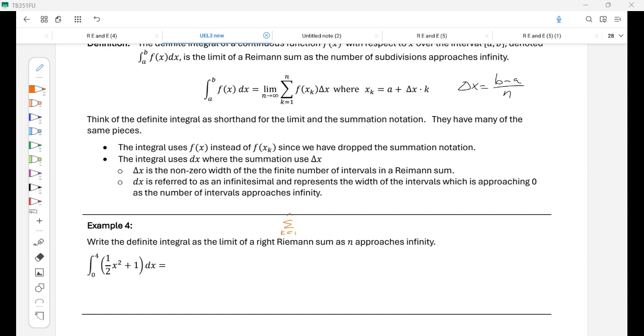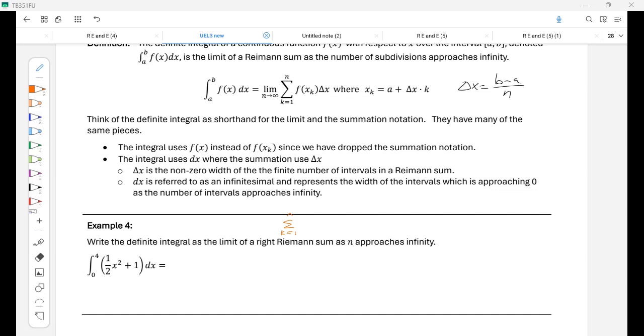We need to identify all of this stuff from the top before we can actually do this. So I need to identify b and a. That way I'll actually have my delta x. n stays as n because that's what we're taking to infinity. So n is not something we need to figure out. n is part of the limit, so that stays as n.